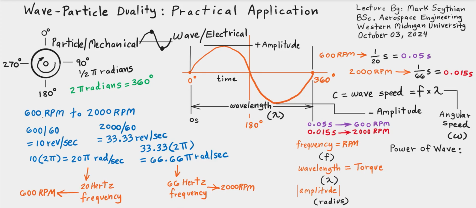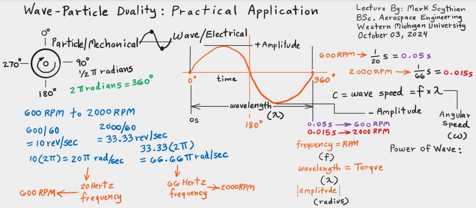So assume we start at 600 RPM and then we gradually increase the RPM to 2000 RPM. So this implies that 600 RPM is 10 revolutions per second. And so if we look at one revolution as 2 pi radians, 360 degrees, we have 10 times 2 pi, or 20 pi radians per second for 600 RPM.